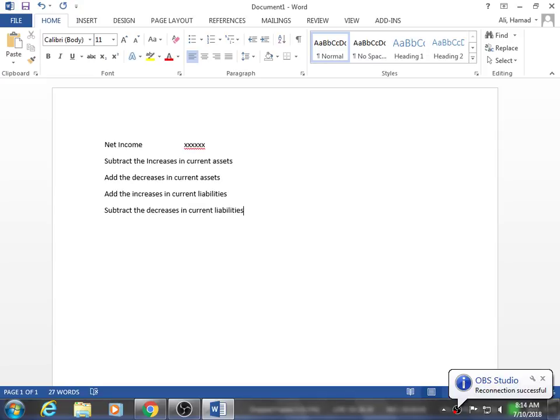Now we come to the second component of the statement of cash flows, which is investing activities. Investing activities, like we said last time, has to do with long-term assets, buying and selling long-term assets. So we should have some kind of explanation.